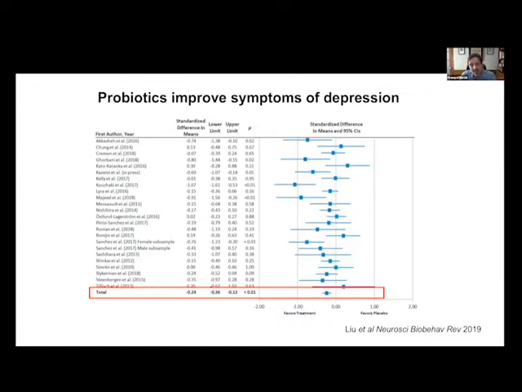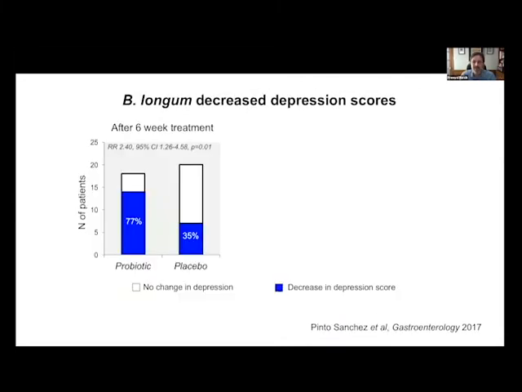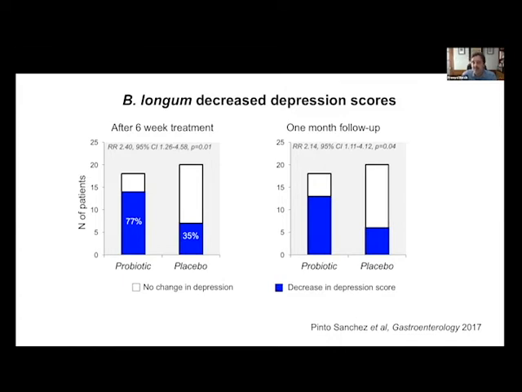However, if you look at some of these studies, there seems to be benefit, at least of certain probiotics, in depression. We did a study, a trial that is part of this meta-analysis, where we studied the effect of Bifidobacterium longum in anxiety. You can see that after 6 weeks of treatment, this probiotic improved symptoms of depression, and the beneficial effects were present even 1 month after.